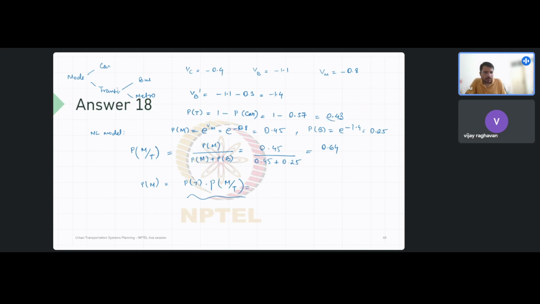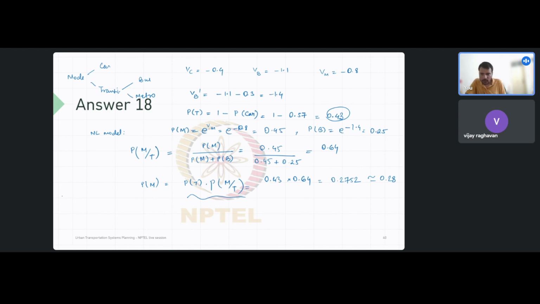So probability of transit is 0.43. Then probability of metro when we have taken transit, so that will be metro by metro plus bus. So within metro and bus we will choose. So that will be 0.64. So 0.64 into 0.43, it is around 0.2752, around 0.28.